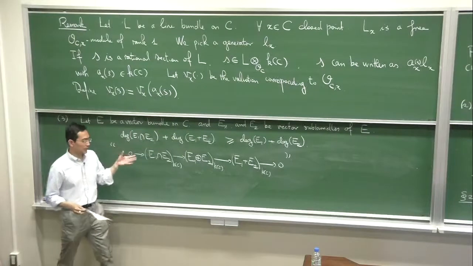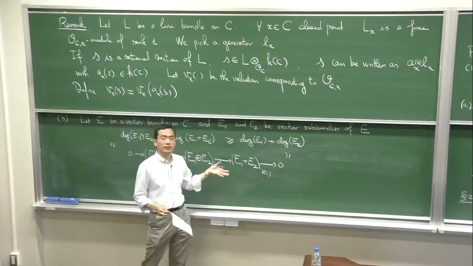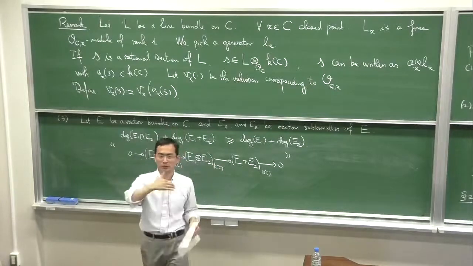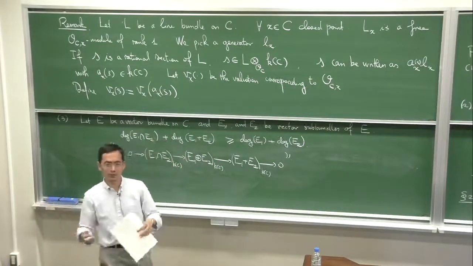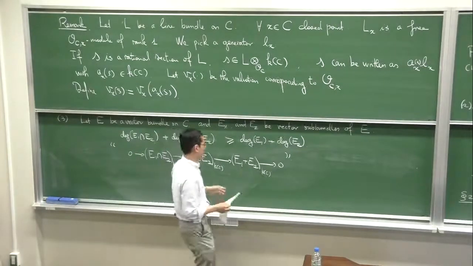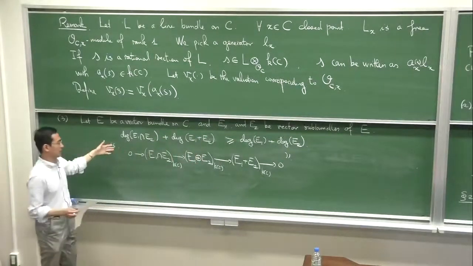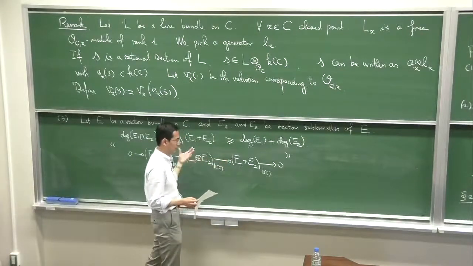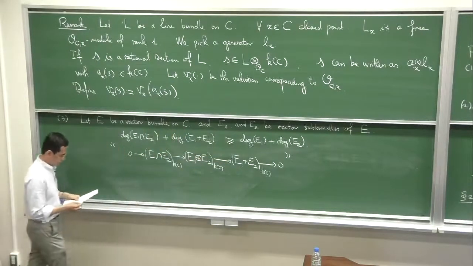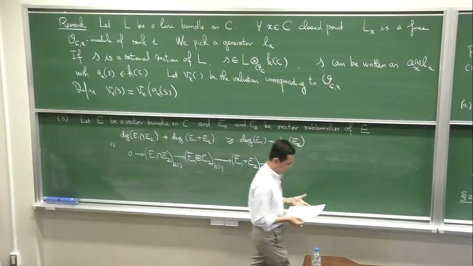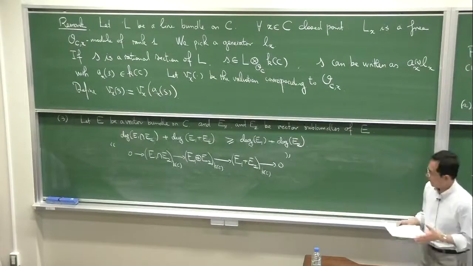Then you need to make some effort on the comparison of OC-module structure. So you have some vector bundle included in some other one, and then you have some comparison on the degree. The essential point is that on the generic fiber you have an exact sequence, and then you can compare the structure of OC-modules.